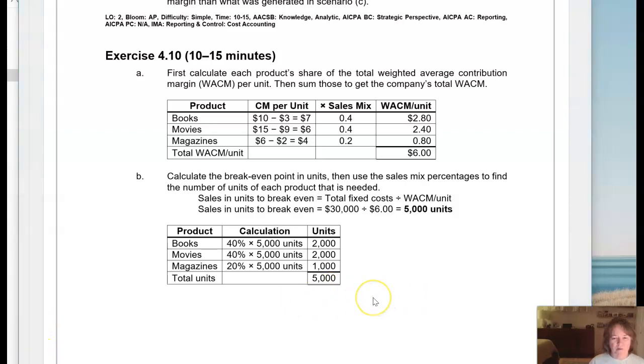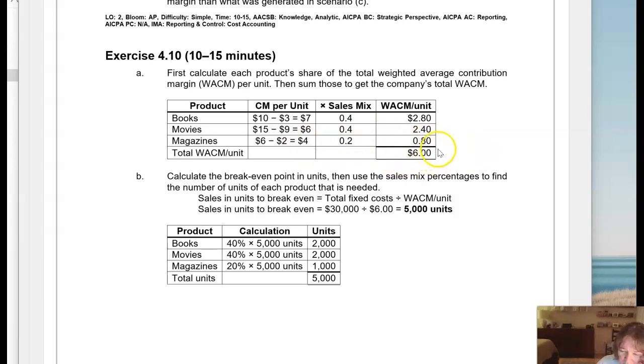Just to go back over it one more time, these are the categories of products. We figured out the contribution margin per unit and then multiplied it by what share of sales mix this is. Books and movies are 40%, so I take 40% of those contribution margins and pull it into the weighted average calculation. Then magazines are 20%, so 20% of $4 would be 80 cents.